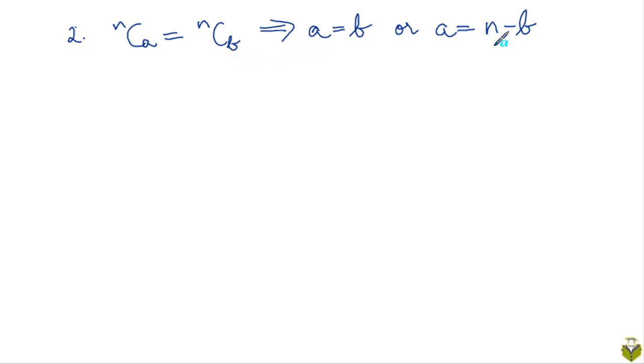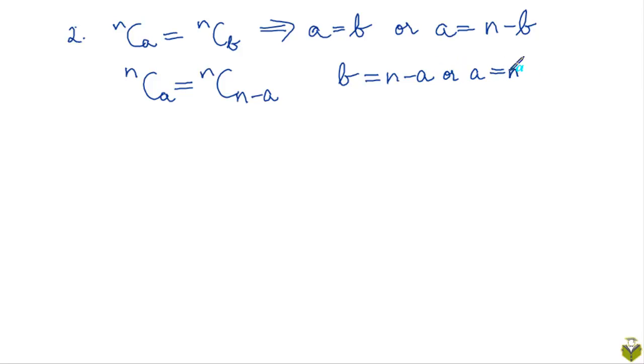But the second case is when we already know that N choose A is the same as N choose N minus A, right? So then this option of B equal to N minus A, or A equal to N minus B, is also there. So these two options are very clear from the previous property.